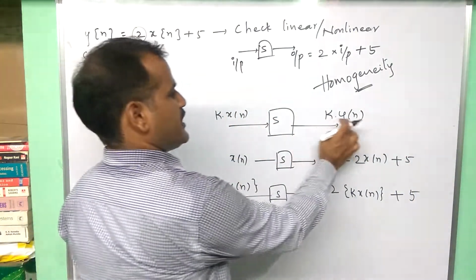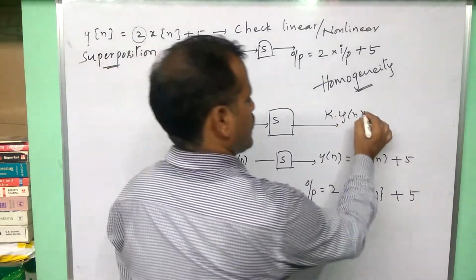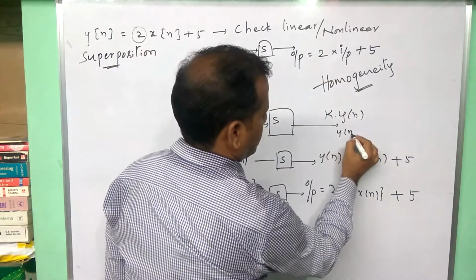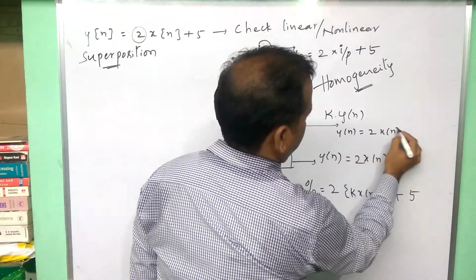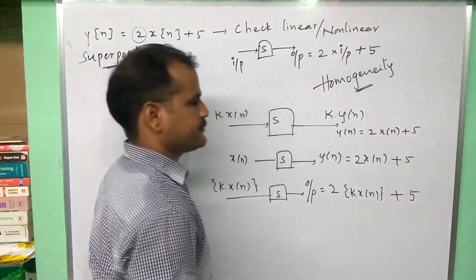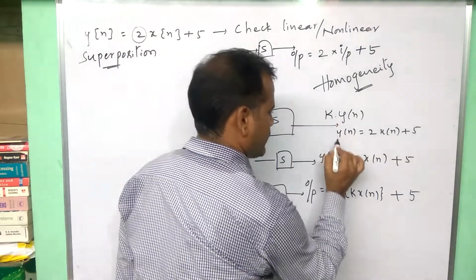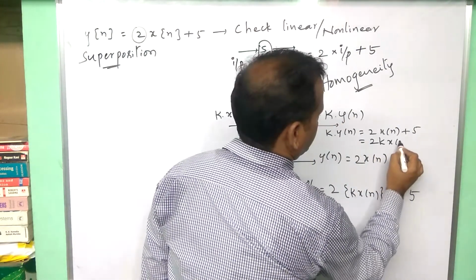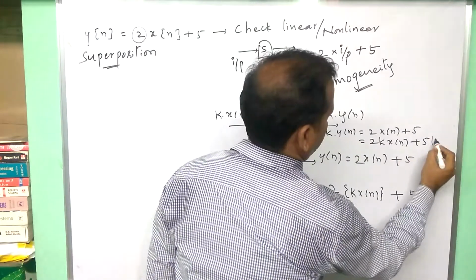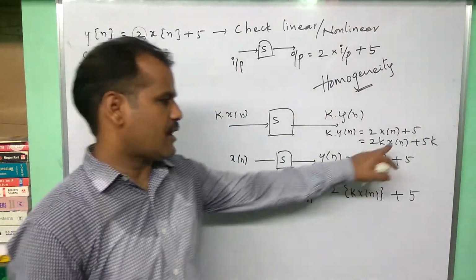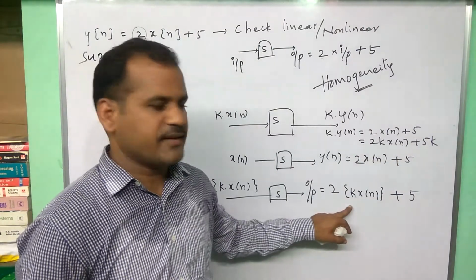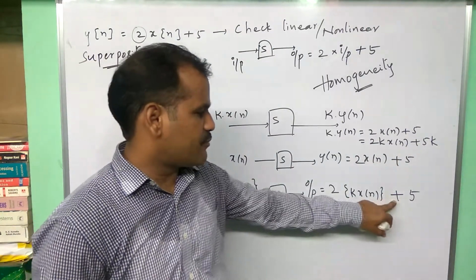Here k into y of n is what exactly? y of n is equal to 2x of n plus 5. That means k into y of n means 2kx of n plus 5k. So we need this expression as the output finally. But here what we are getting? 2kx of n plus 5.